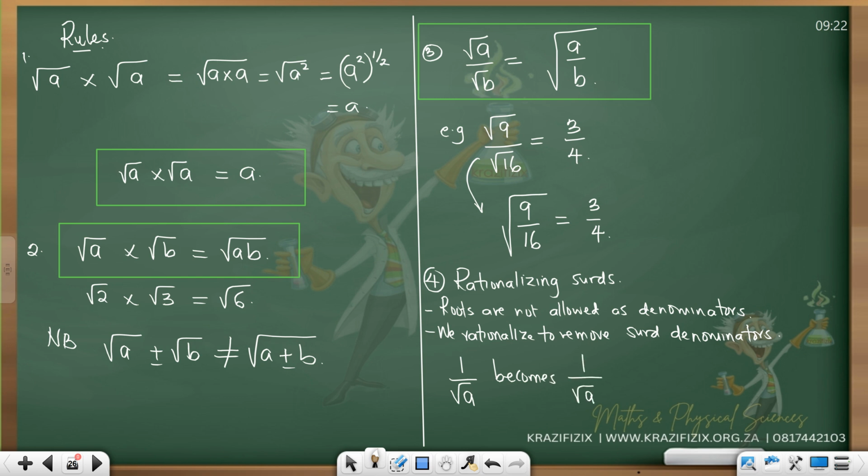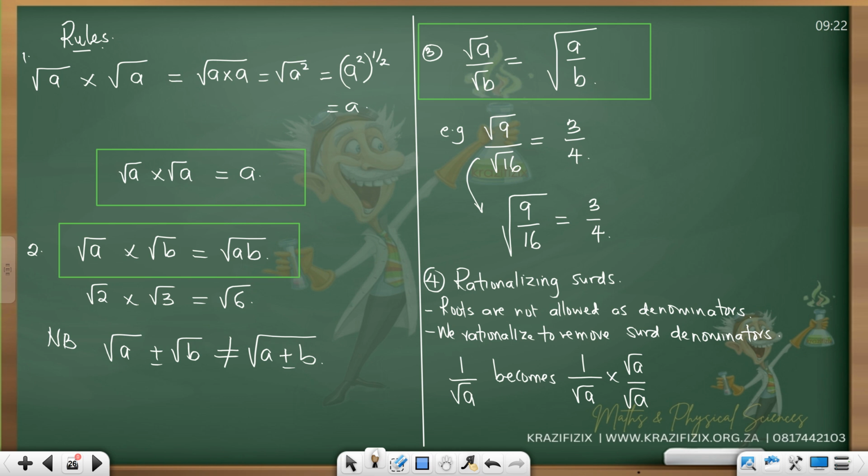You multiply by the surd itself, because root a over root a is 1. So we have not changed the question. I hope that makes sense. Root a over root a is 1.